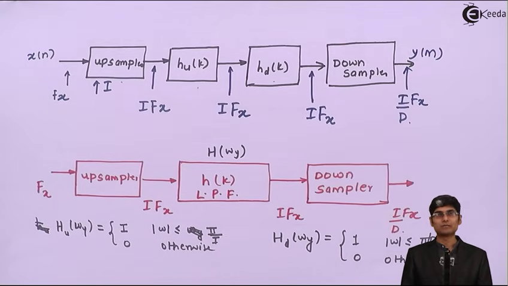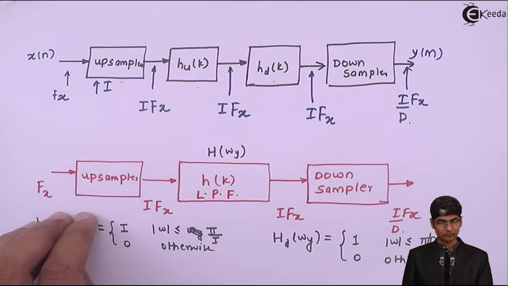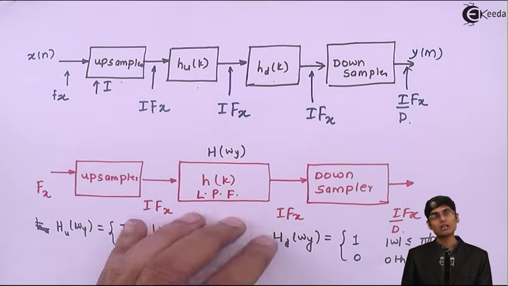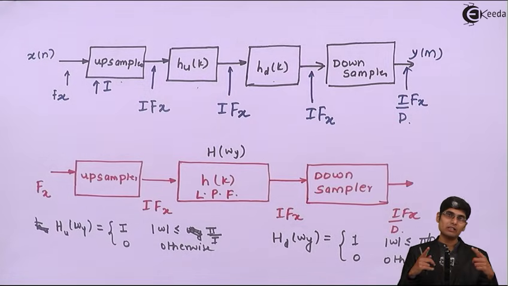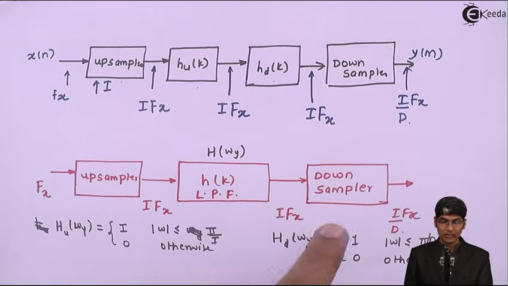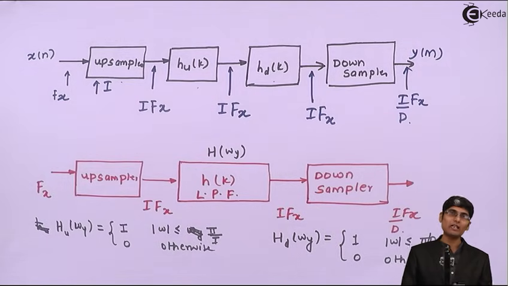But suppose after upsampling I got images, I removed the images, and now the minimum factor is pi over d. That means the filter is spread. Now if I do decimation, there will be aliasing. So what do I need to do?